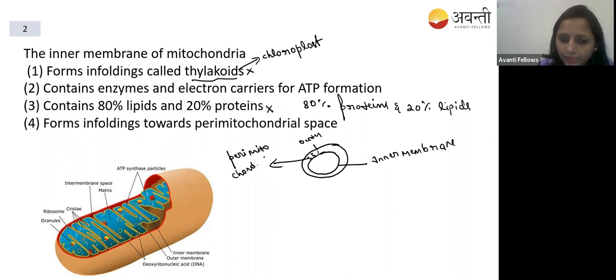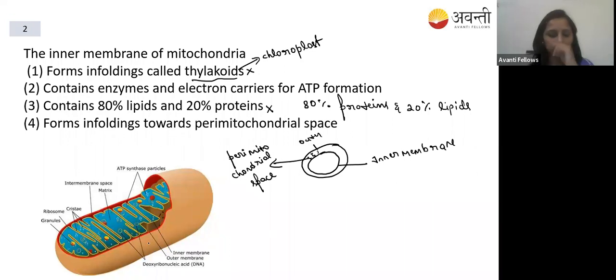Perimitochondrial space, right? So here in the diagram you can see, this is the outer membrane, this yellow color is the inner membrane, and in between there is a space. That is called the perimitochondrial space. In the perimitochondrial space, there is no folding, right? So where does the folding happen? In the inner membrane, there is a folding.